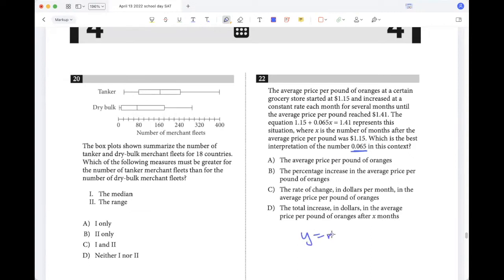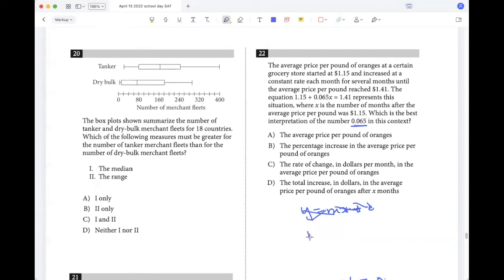So if you represent this as y is equal to mx plus c, then the final value, in fact, no, we don't need to do that. We can just represent it as 1.15 plus 0.065x is 1.41, right? So this was the initial price and this was the final price.